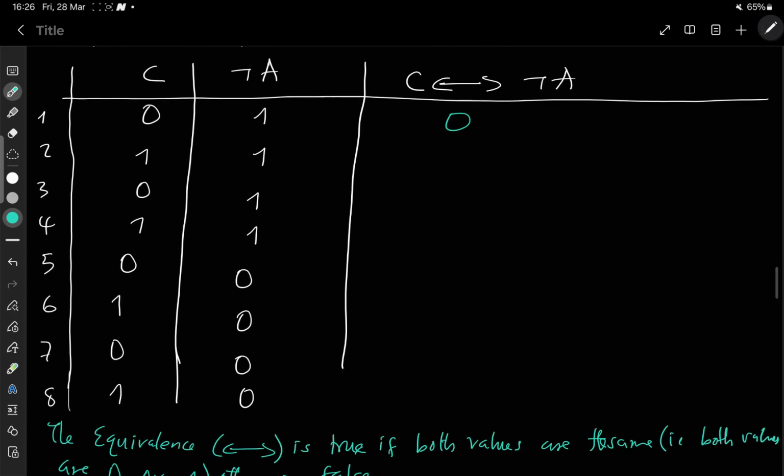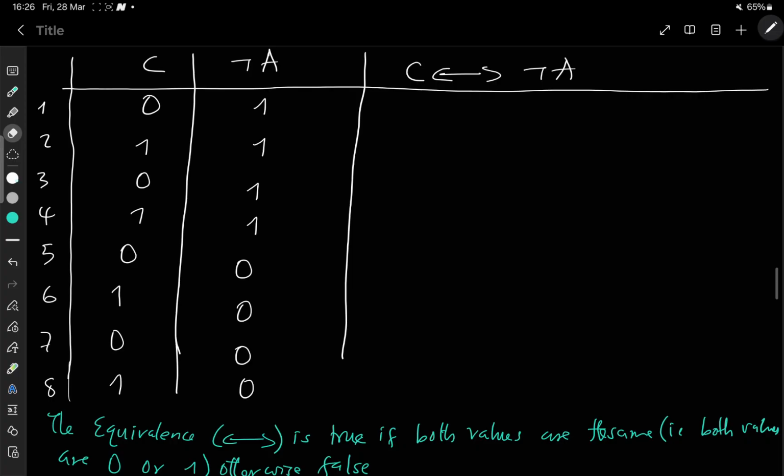we have 0 here, we have 0 because they have different truth values. Then, because they have the same truth value, we have 1, which is true, then we have 0 here, then we have 1 here, we have 1 here, we have 0 here, we have 1 here, and then we have 0 here.